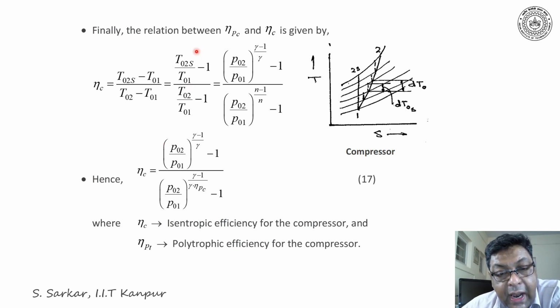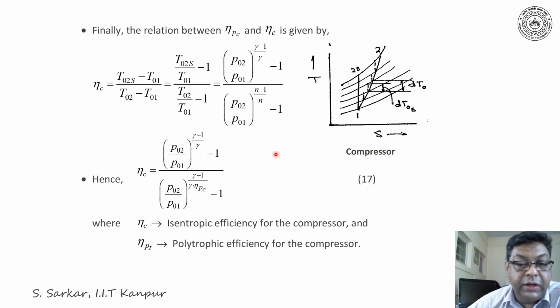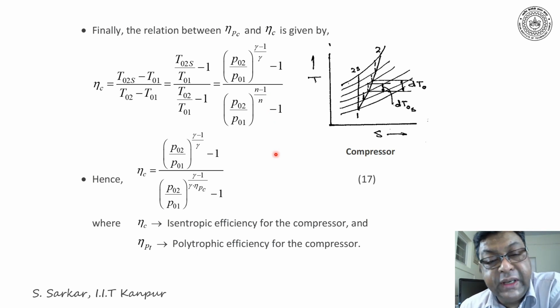This is the isentropic temperature ratio, and this is the actual temperature ratio. Now this can be related to the pressure ratio, so I can write eta C as (P02/P01)^((gamma-1)/gamma) minus 1, divided by (P02/P01)^((n-1)/n) minus 1, where n is the polytropic index.